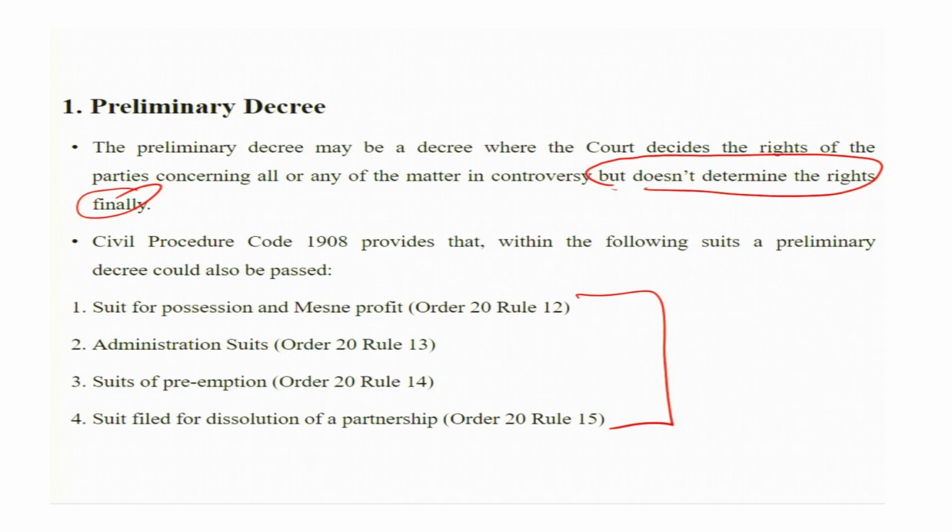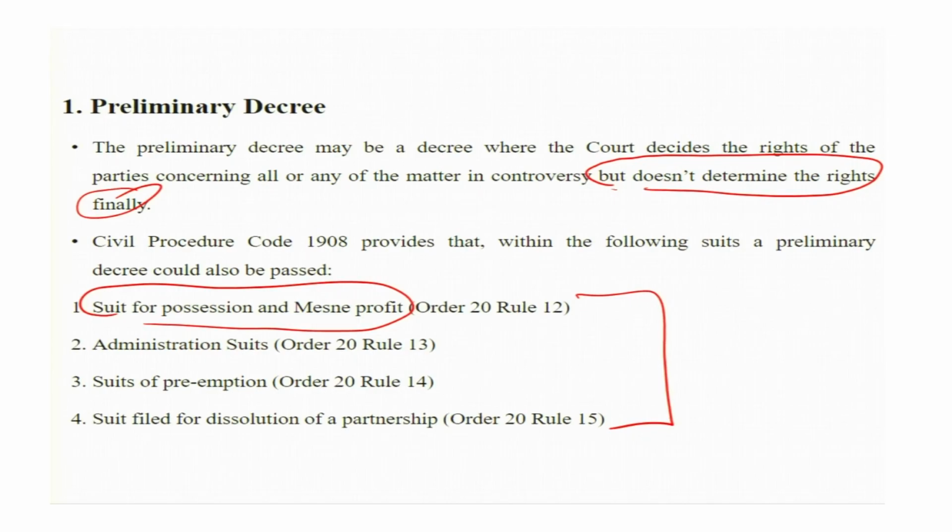Normally you get a final decree, but there are a number of examples, like a suit for possession and mean profit, both are two different things. A suit for recovery of immovable property, and mean profit is related with the possession of immovable property. What you get if you get possession, illegal possession of some other property, and out of that property you get rent.